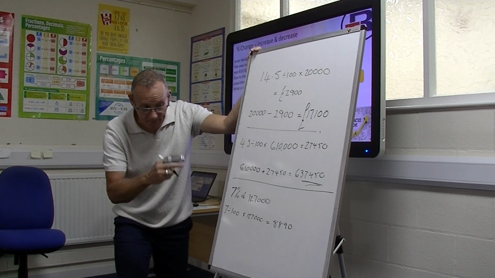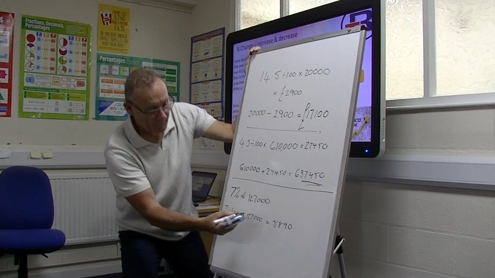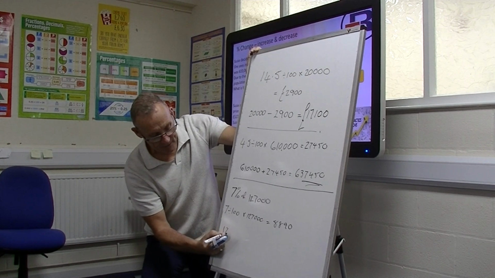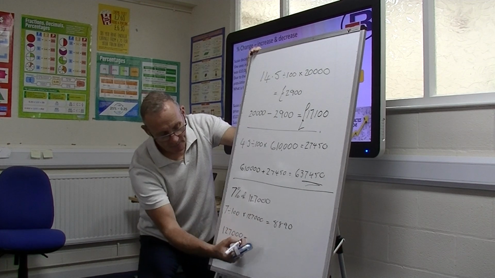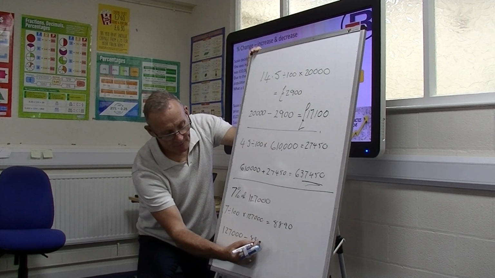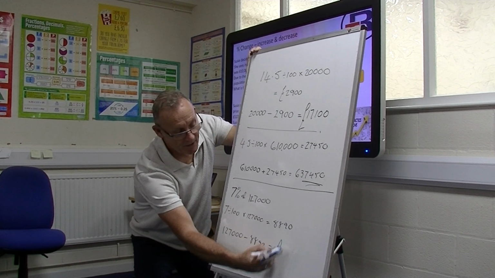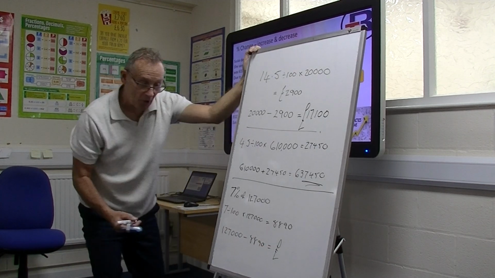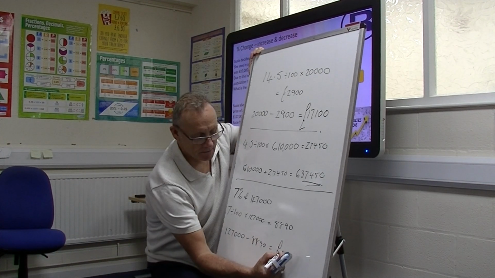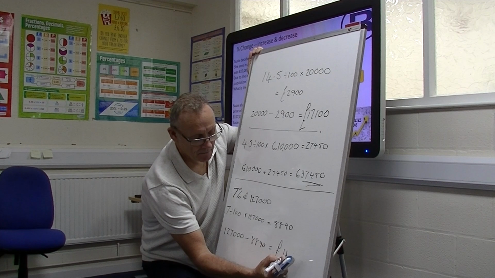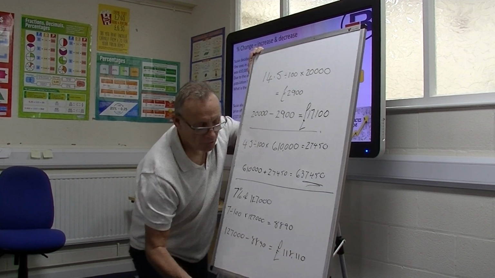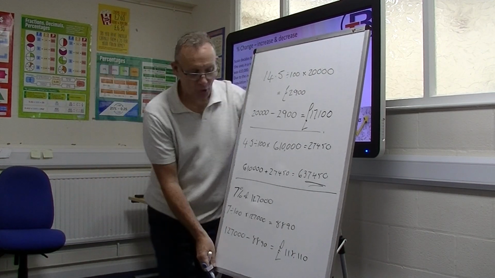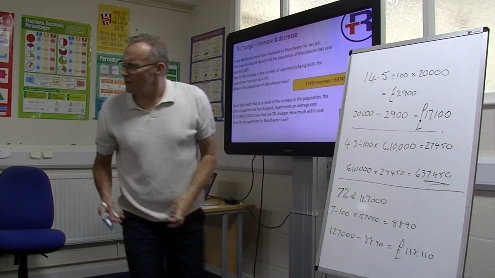That's the reduction. So we take the price of the original apartments and we minus the 8,890. So on average now a flat in Manchester is going to cost her 118,110.